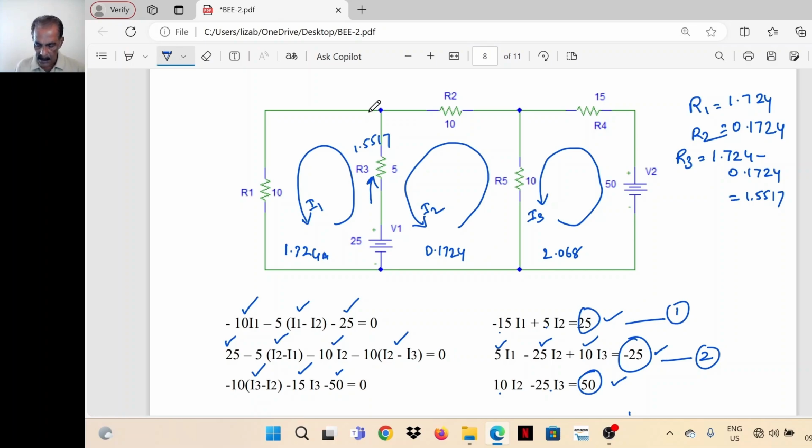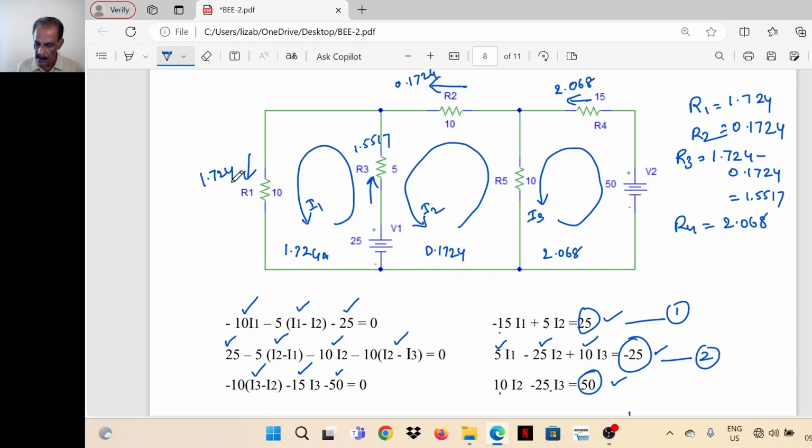Now next, the current through R4 is 2.068 flowing like this. This current also we will mark as 0.1724. This current is 1.724.